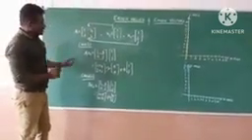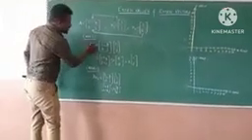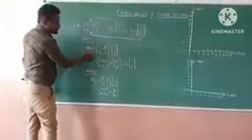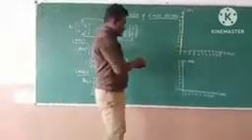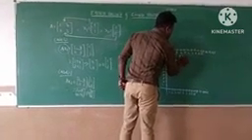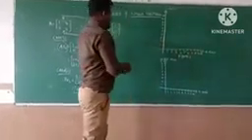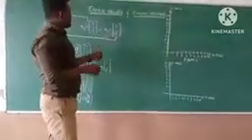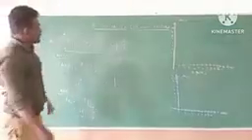Let us see the result in a geometrical representation. This is figure 1, for case 1. I am going to plot the given vector first in the graph. What is the given vector?